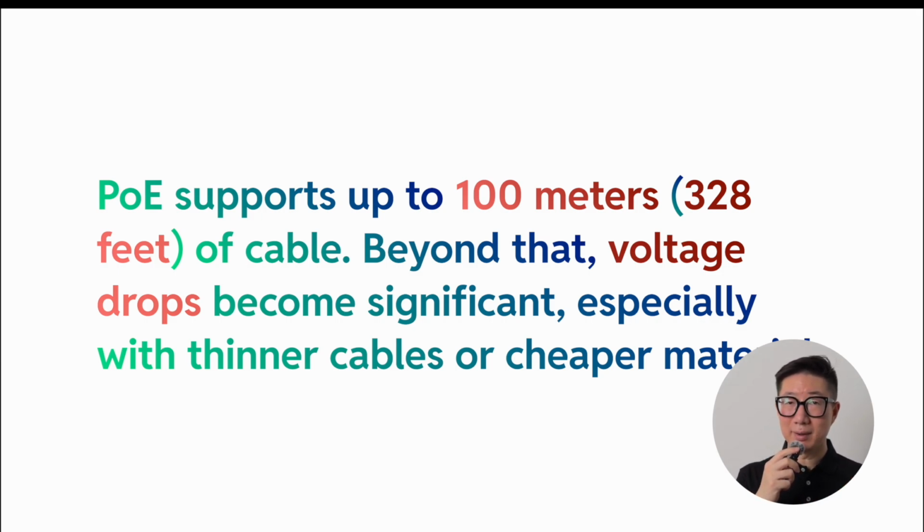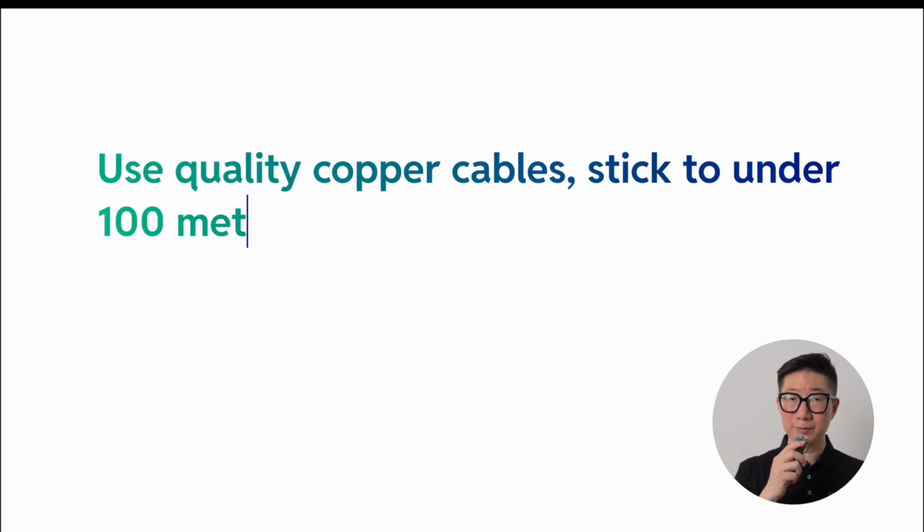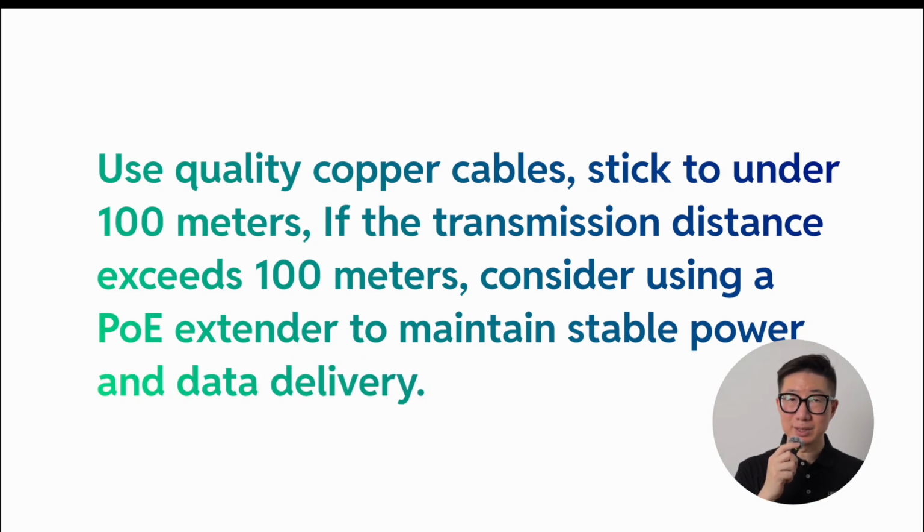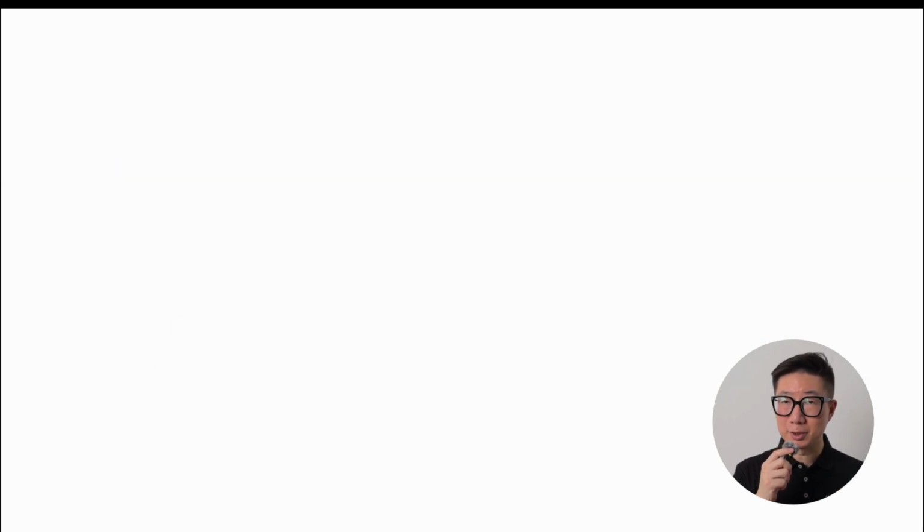It might blink on and then go dark, a classic symptom of undervoltage. Even if your switch and camera are top tier, if the cable is too long or low quality, you will get instability or total failure. How to fix this? Use quality copper cables, stick to under 100 meters, or use a PoE extender to break up long runs.